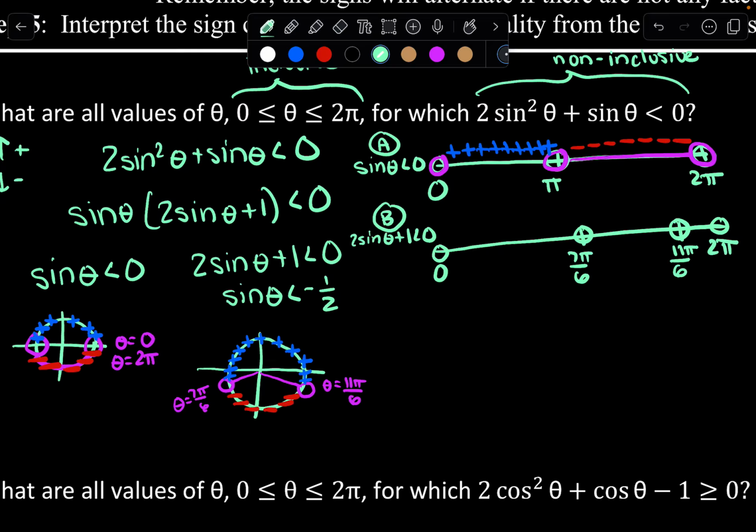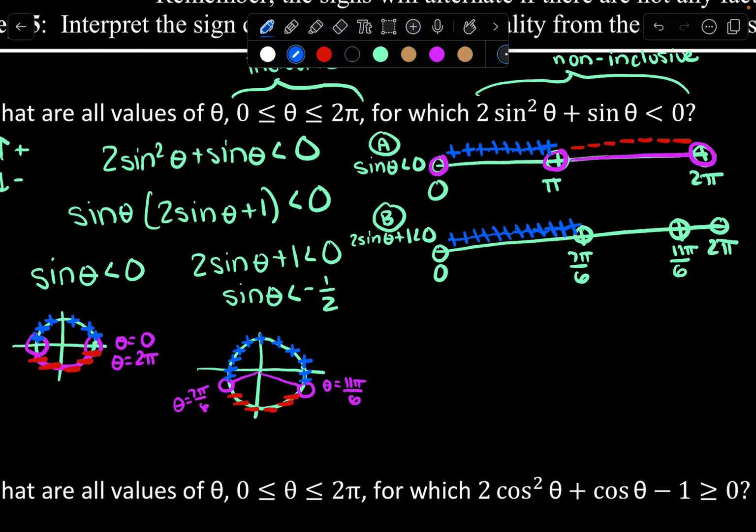So I'm not only making a number line for each of them, I'm making sure that they are to scale because that's going to be very important for the next part. So from 0 all the way to 7 pi over 6, these thetas will be greater than -1/2. Or the thetas that we plug into sine will be greater than -1/2. So I'm going to plug in a bunch of pluses here.